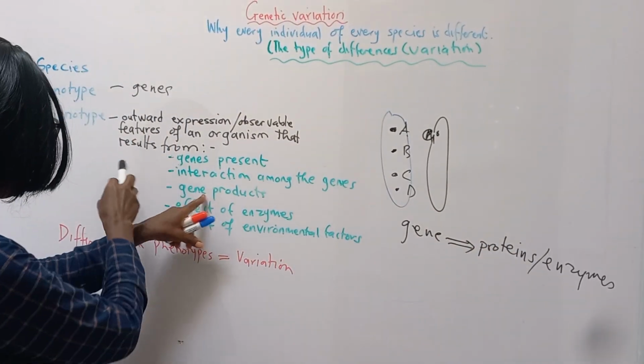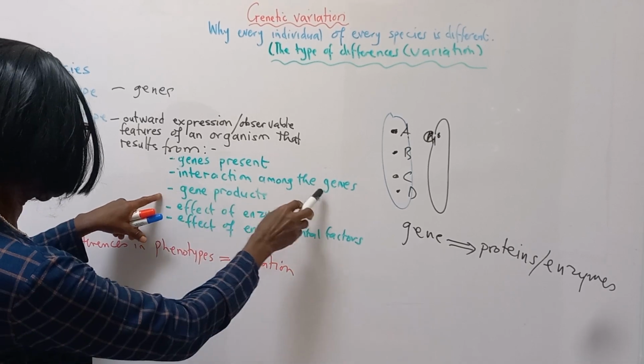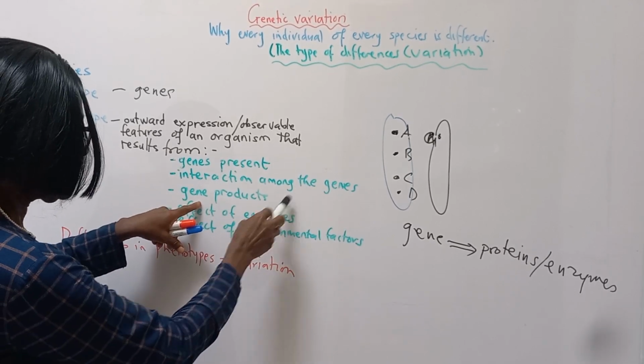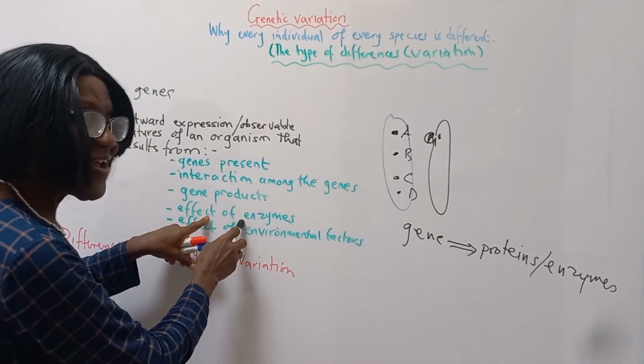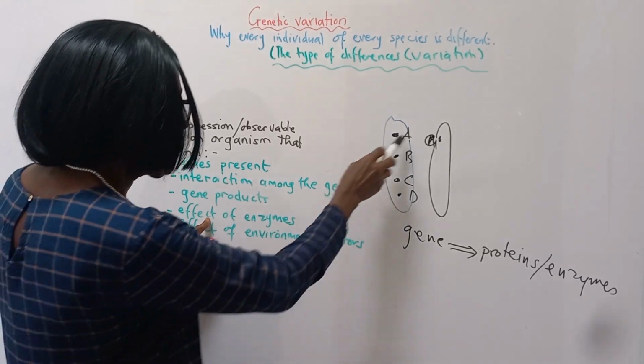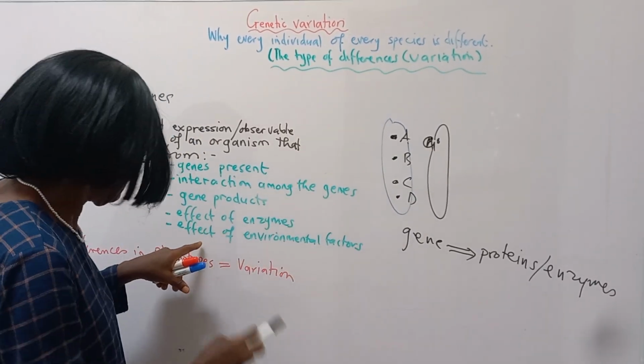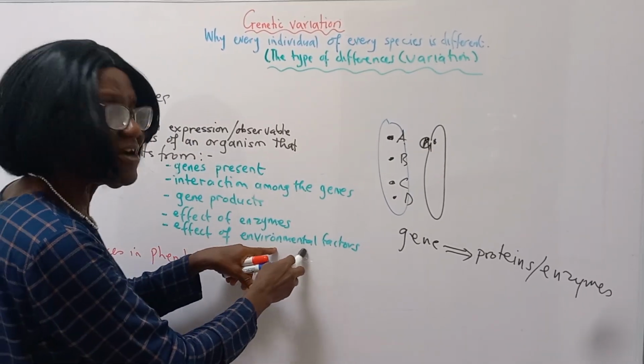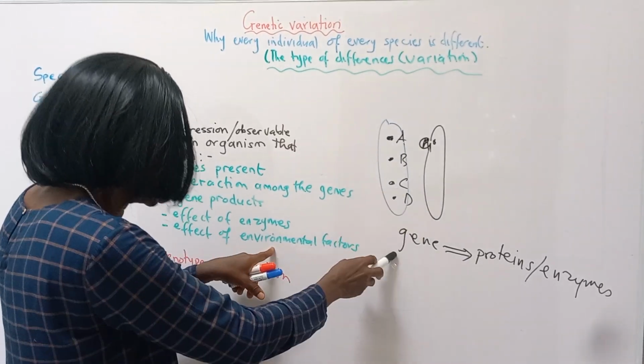So the phenotype depends on the genes present, gene interaction, gene products that will be produced, the effect of enzymes on the genes, and then the effect of the environmental factors on the genes.